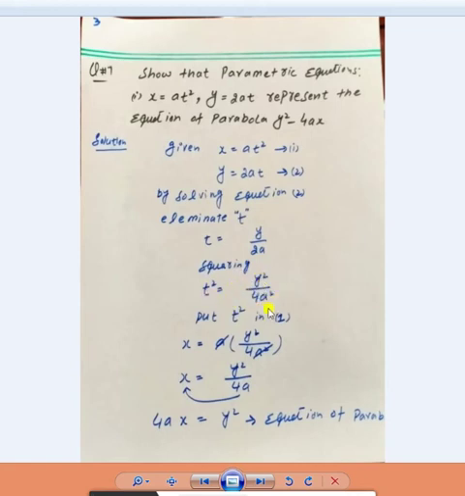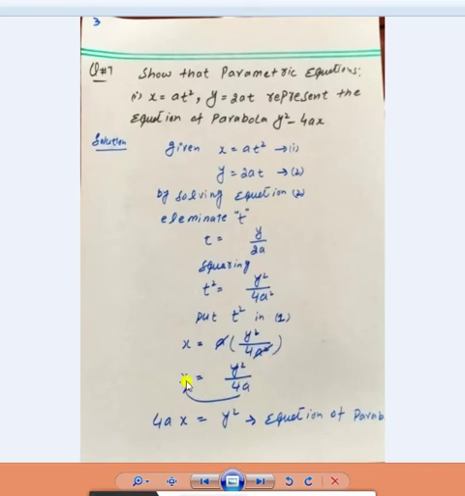We put this value of t squared in equation 1. x equals a as it is, and in the place of t squared, y squared divided by 4a squared. And a cancels, leaving 1a, because here is power 1 and here is power 2.